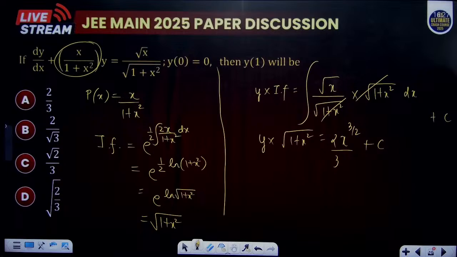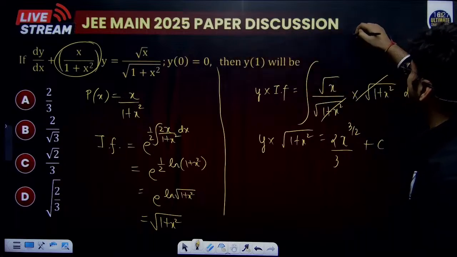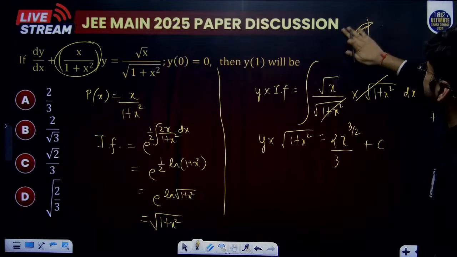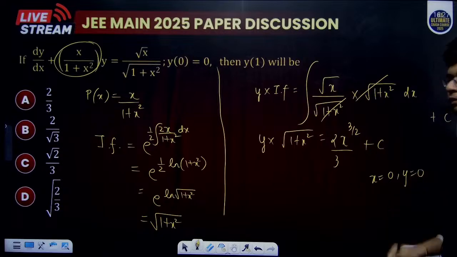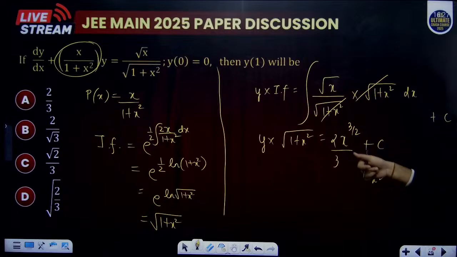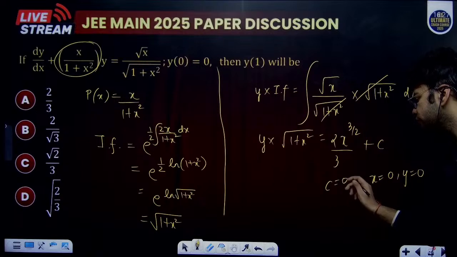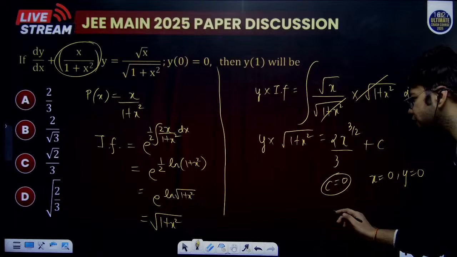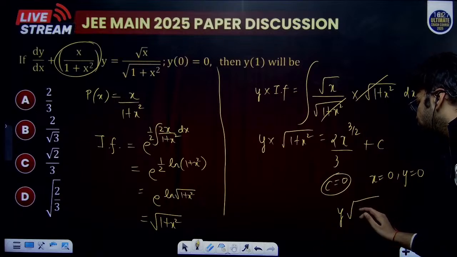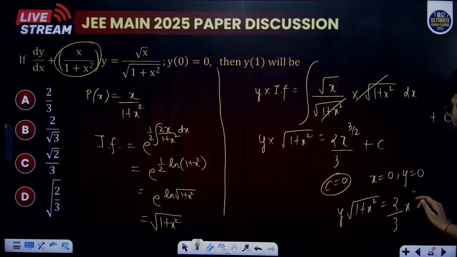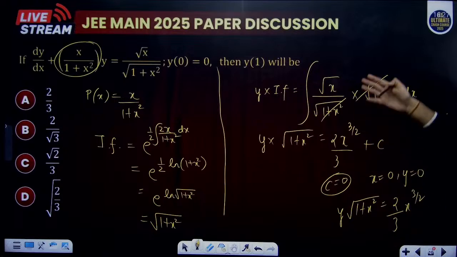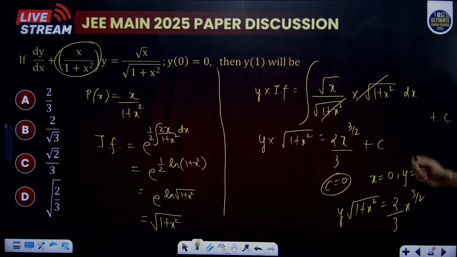Y of 0 is given as 0. So if I substitute x equal to 0, I should get y equal to 0. So 0, 0, so c comes out as 0. That means my function becomes y root 1 plus x square is equal to 2 by 3 x raised to the power 3 by 2. For y of 1, simply substitute x equal to 1 and you will get the result.